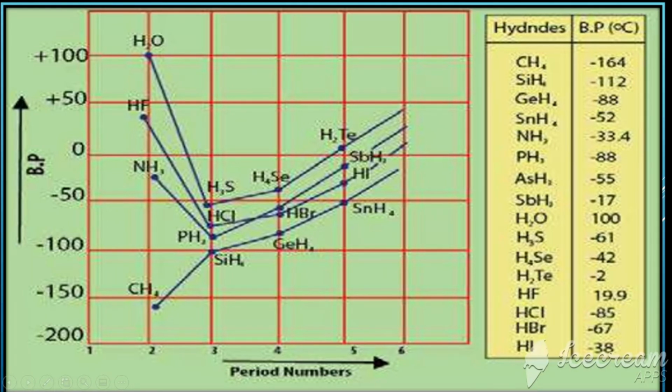And you can see water, oxygen of 6th group: oxygen, sulfur, selenium, tellurium. Water has the highest melting point due to hydrogen bonding. All of the others have lower boiling points because they are non-polar and have London dispersion forces depending on their size. And HF is also having the highest melting point among hydrides of its group.